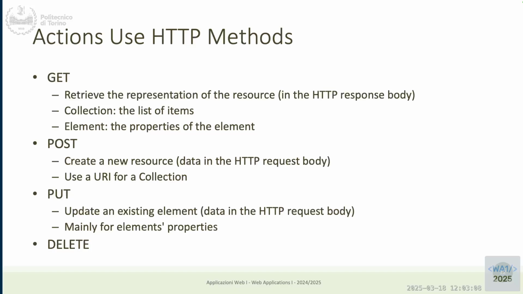If we want to add a new answer, I will have a query, the URL, sorry, that represents the question for which we want to add an answer, because the answer is not just a generic answer, it's an answer to a question. So I will have a query that represents a question, and they can use the post verb to add a new object of type answer to that question.